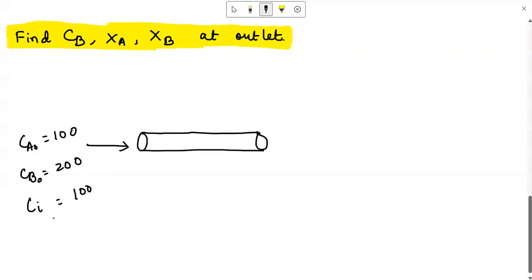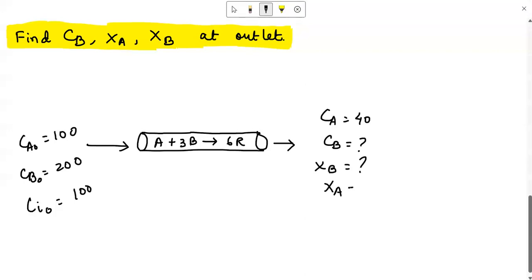This is my inlet condition, and the reaction taking place is A plus 3B gives 6R. At the outlet we know Ca equals 40, as told in this example problem. So Cb, Xb and Xa are our objectives to find.